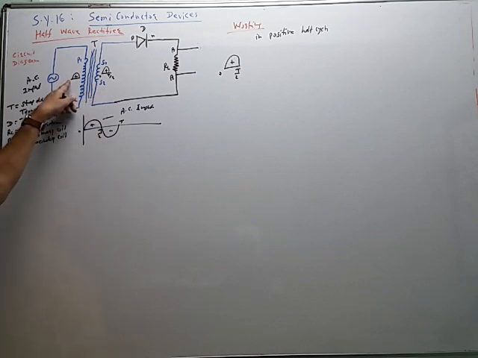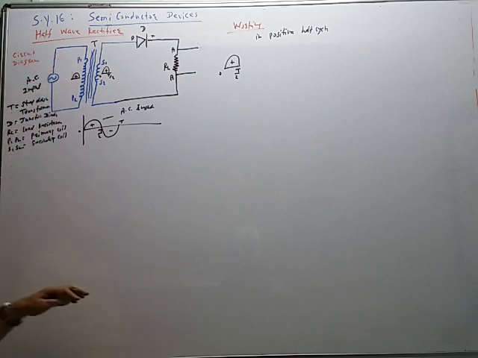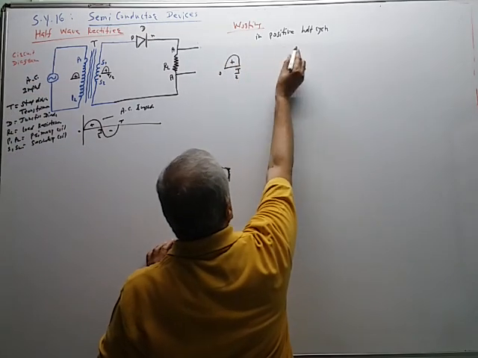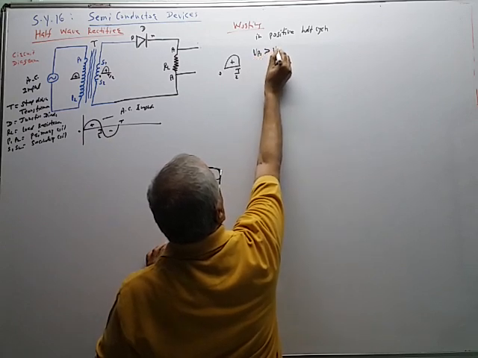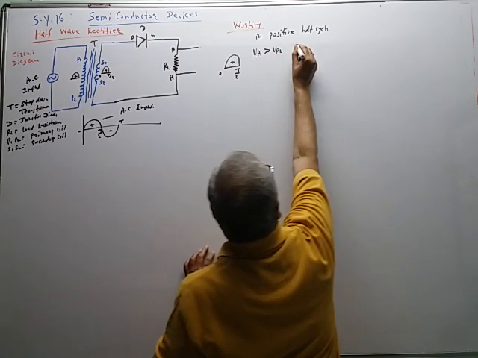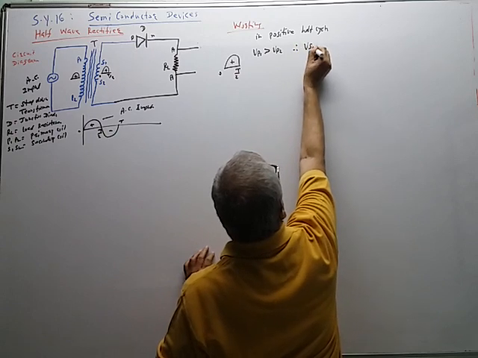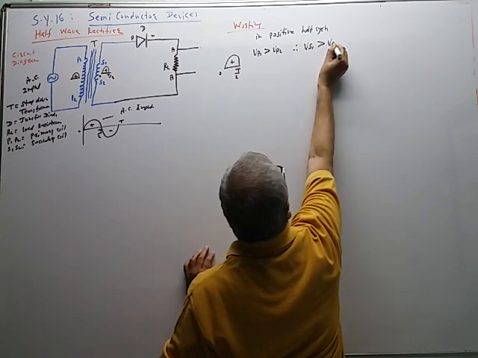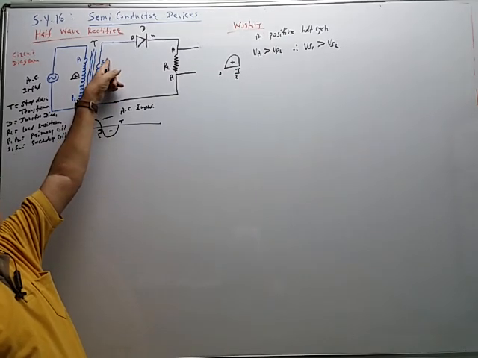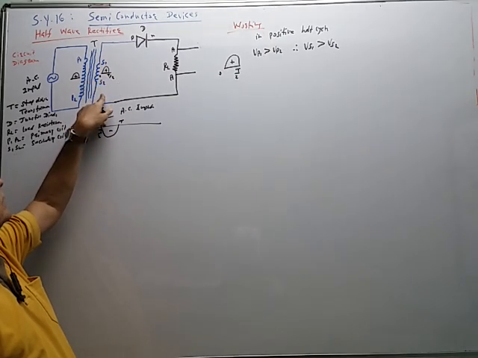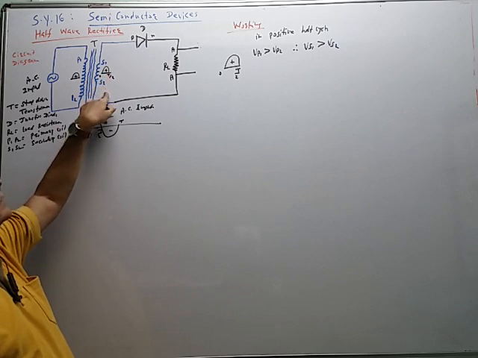So in this case, when there is a positive half cycle across the primary, this P1 will have higher potential than P2. So in positive half cycle, VP1 is greater than VP2. Therefore, VS1 is also greater than VS2. The upper end has higher potential than the lower end. VS1 is greater than VS2.